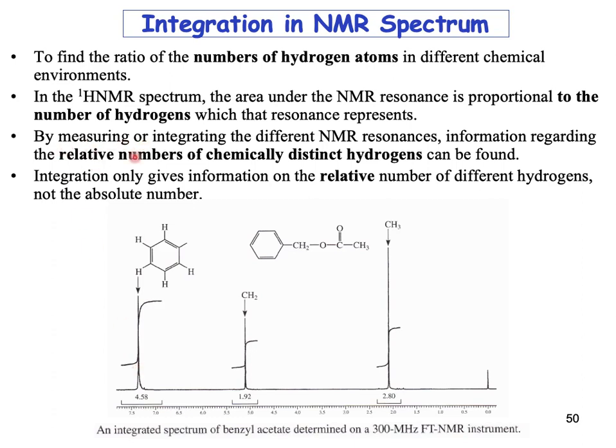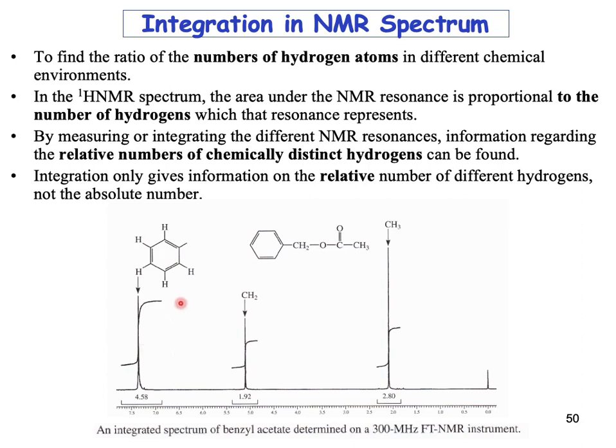So by measuring or integrating the different NMR resonances, information regarding the relative number of chemically distinct hydrogens can be found. So integration only gives the information of the relative number of different types of protons.